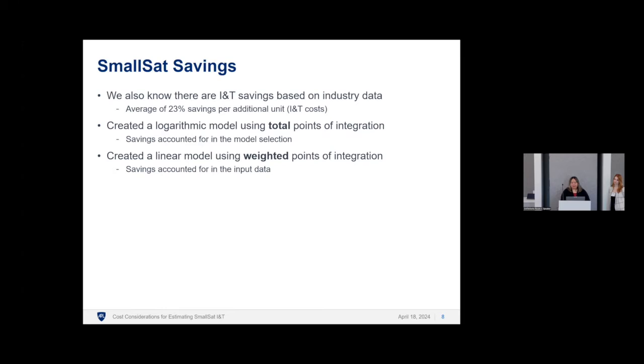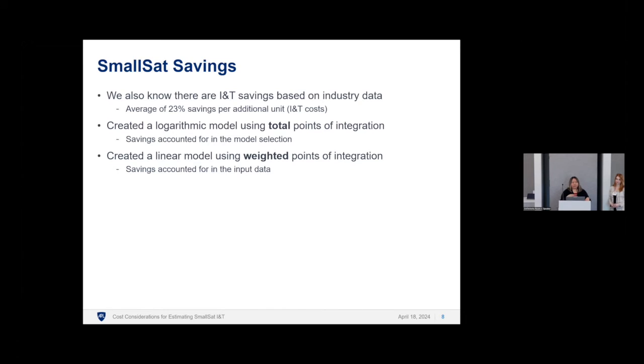So based off of industry data, we know that there is INT savings on subsequent units when you're building a constellation. That tends to be about 23%. So we went about this in 2 ways, just to see which would fit better. We first created a logarithmic model using the total points of integration in the entire constellation.